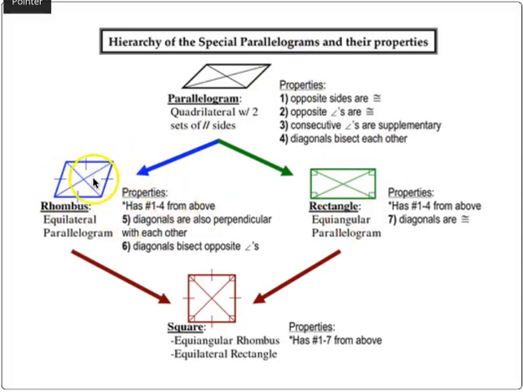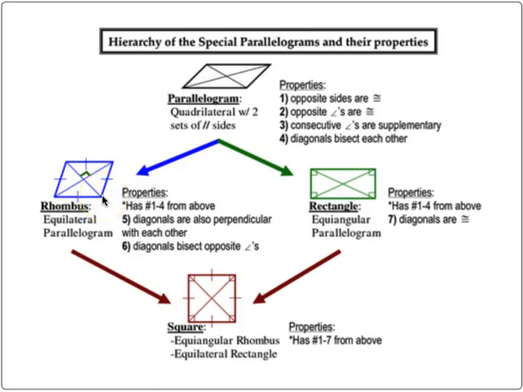So rhombuses have all the properties of a parallelogram, and then more specifically, the diagonals of rhombuses are going to be perpendicular. They're going to intersect at 90 degrees. That's what makes a rhombus special, it's a little different from parallelograms.